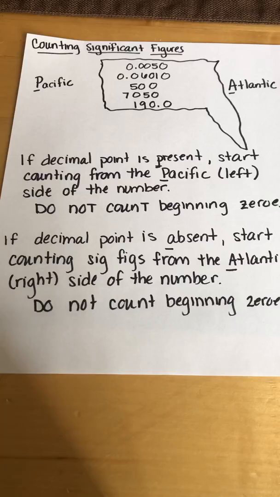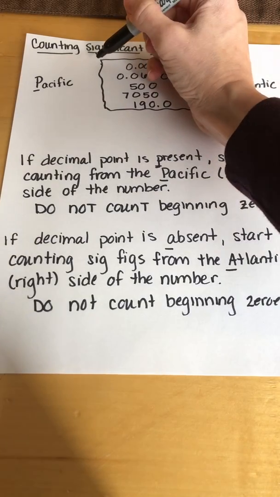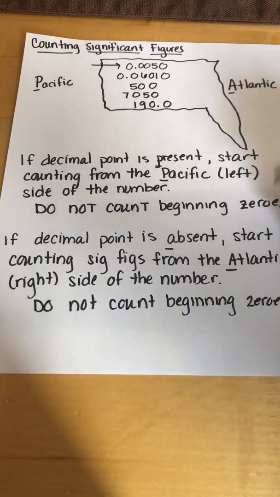However, with significant figures, you want to get comfortable reading left to right or right to left. And the way you're going to know which way to read the number is by determining if there is a decimal point. So if a decimal point is present, we are going to start counting from the Pacific side of the number, which is coming in from this direction, the typical way you would probably read.